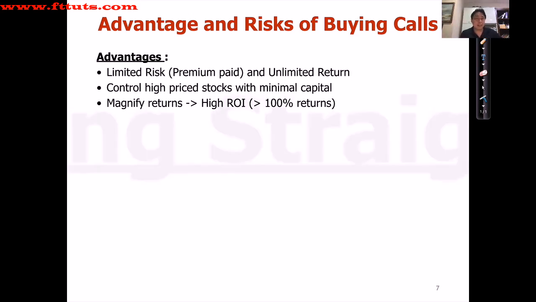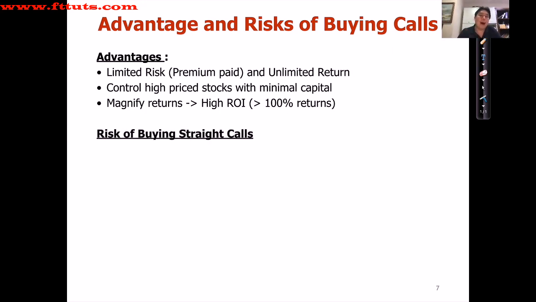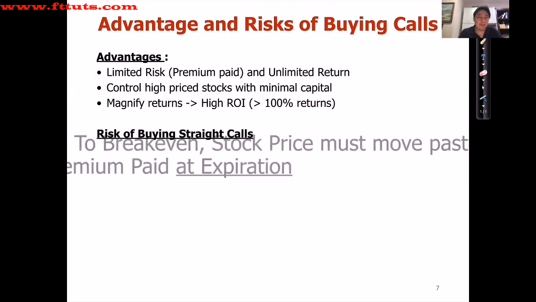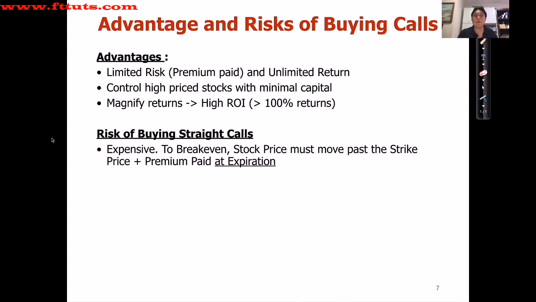However, there are disadvantages of buying straight calls. The first disadvantage is it is relatively expensive compared to other strategies you will learn later on, which are call spreads. Because when you buy a call, you're paying that premium that can be expensive. So to break even, the stock price has to move past the strike price and the premium at expiration.